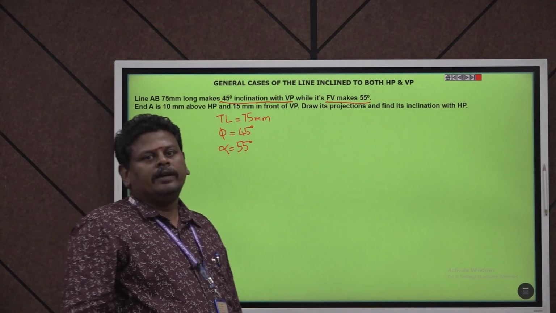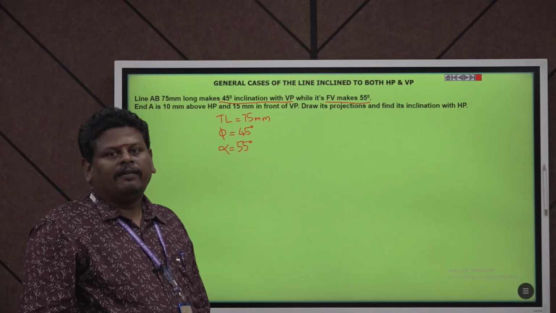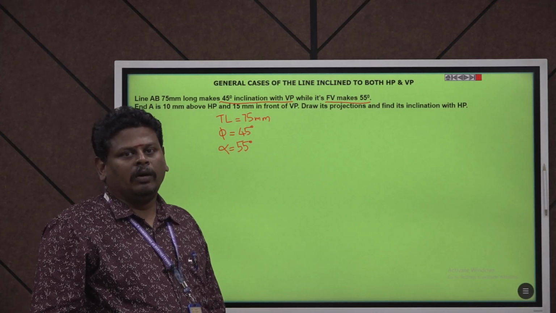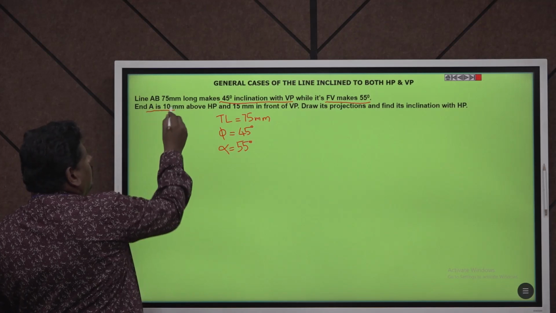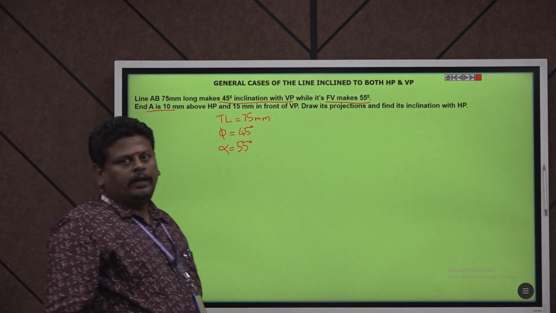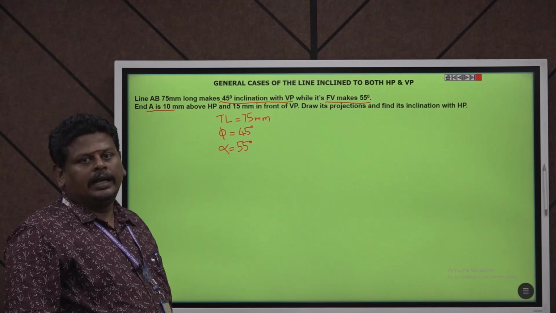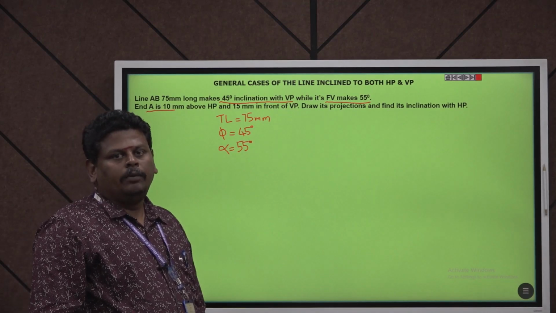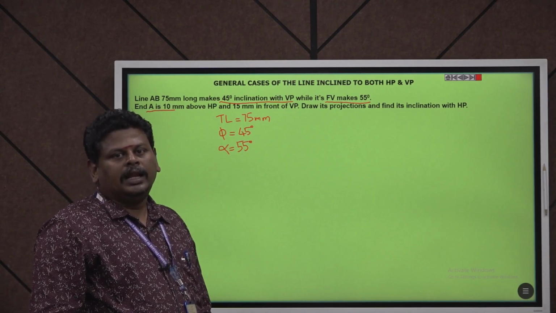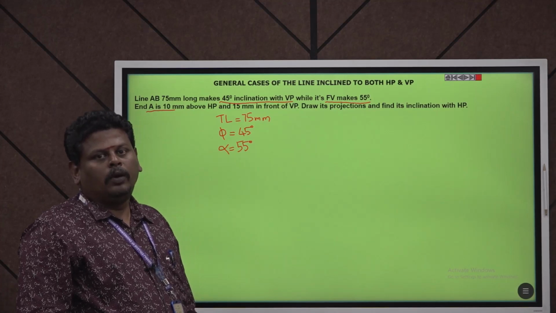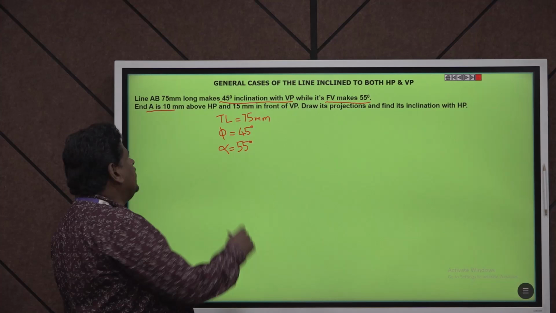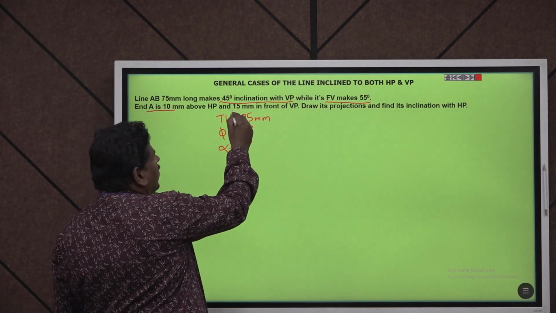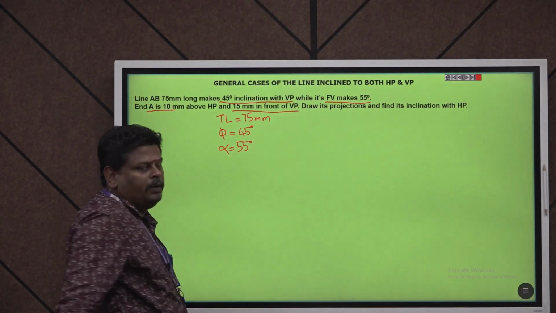With this given data, we need to find how to solve the problem. Whenever we talk about a straight line, there are two end points. One end point is capital A and the other end point is B. One end point location is given in the question paper: A is 10 mm above HP and 15 mm in front of VP.